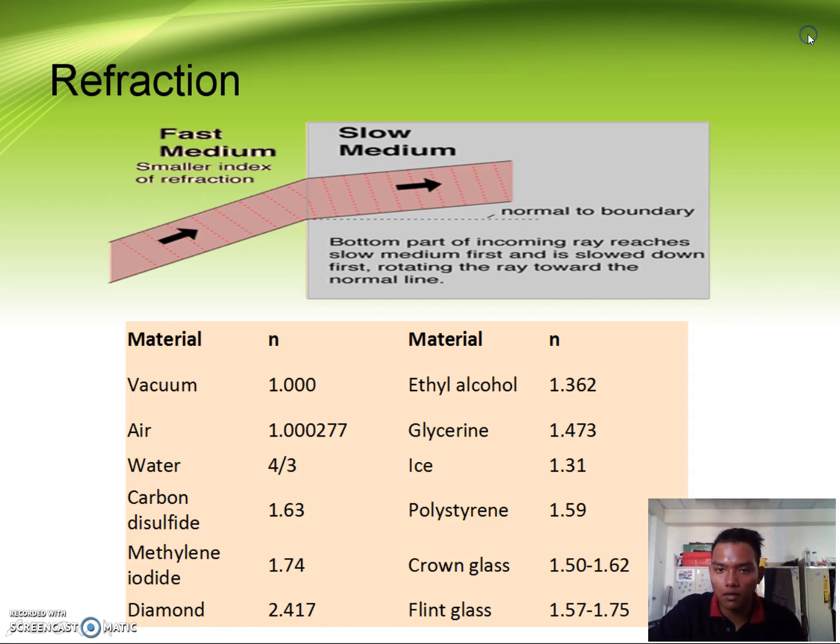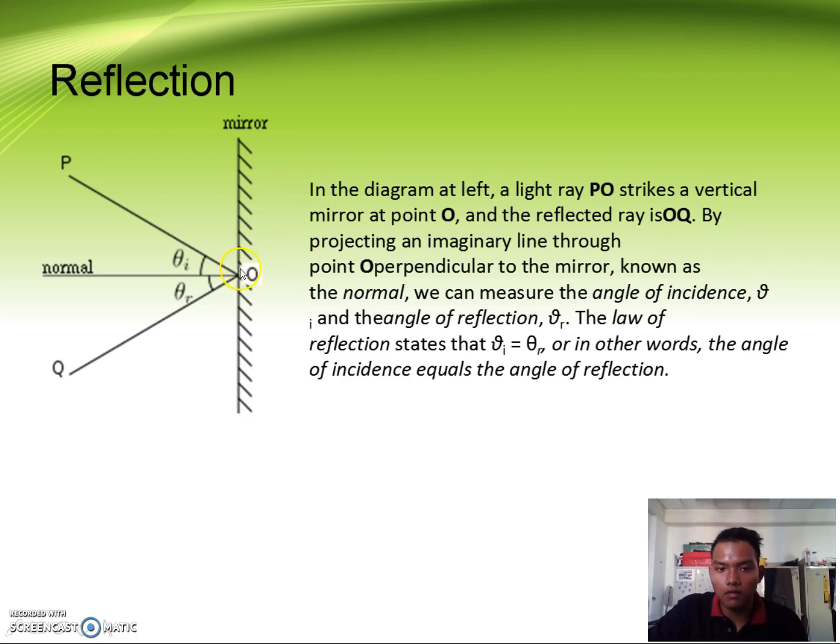Next, the reflection. As you know, reflection in the mirror in the diagram at left, where the light ray PO strikes a vertical mirror at point O. This is point O, and the reflected ray is OQ, by projecting an imaginary line perpendicular to the mirror, known as the normal line.